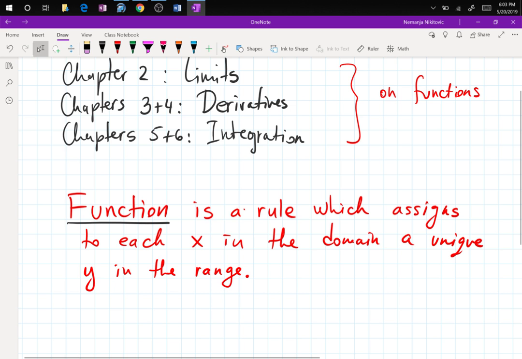Unique y in the range. The words that are important in this definition are obviously function, rule, domain, range, and the word unique, which is underlined twice.